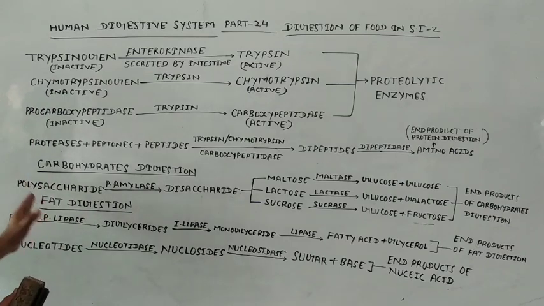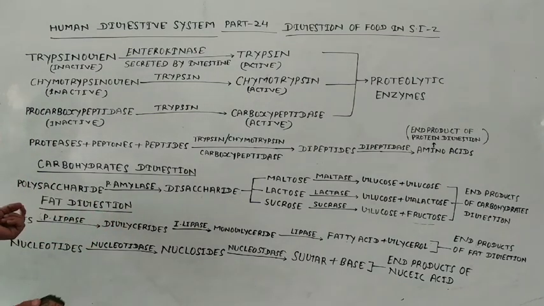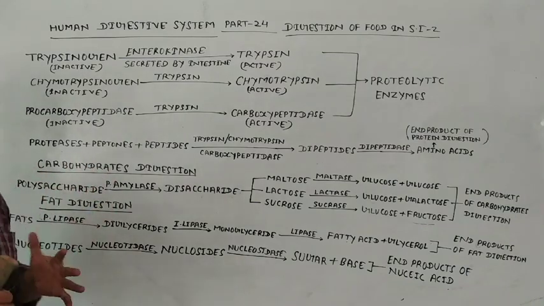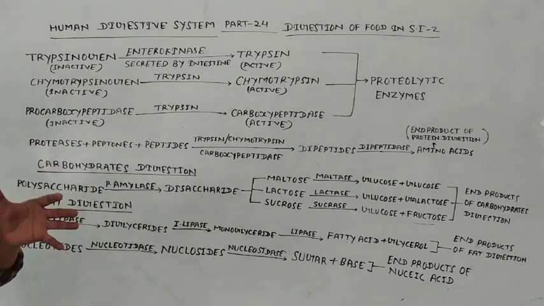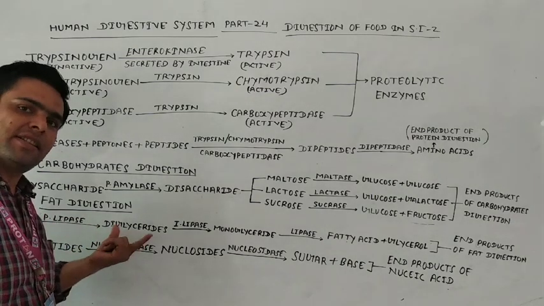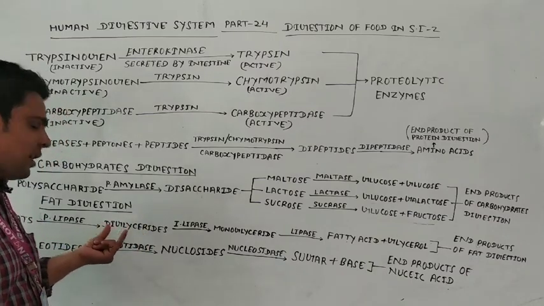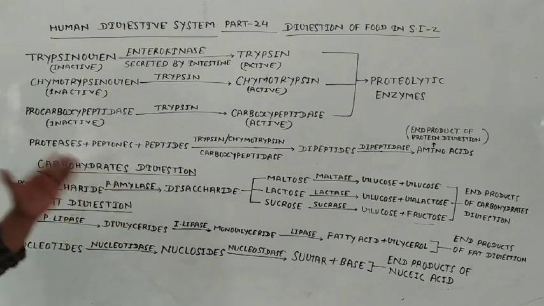If we talk about fat digestion, we know that most of fat digestion starts in our small intestine. So here I have mentioned that fat is converted by pancreatic lipase into diglycerides. As we discussed, di means two molecules of glycerides combined.